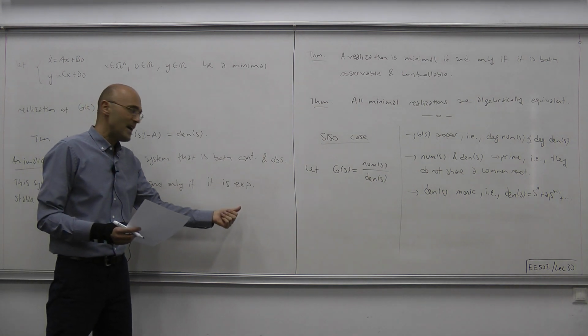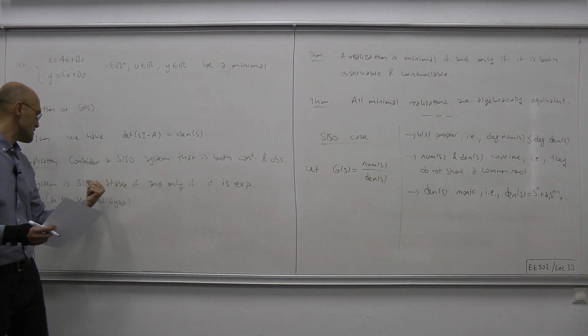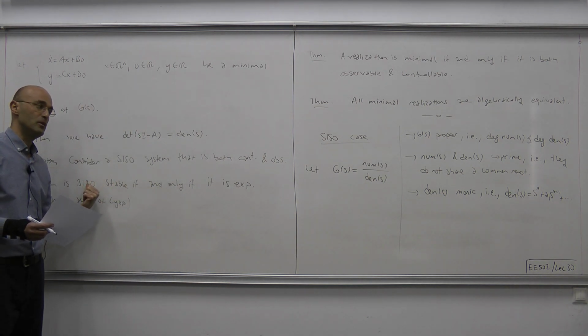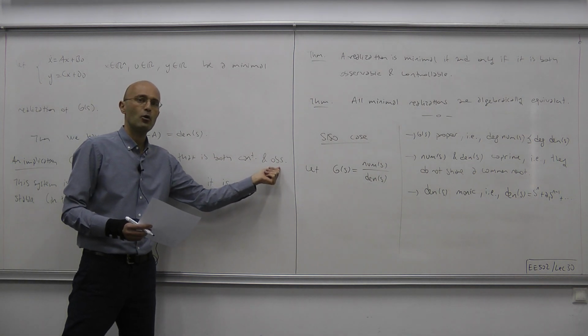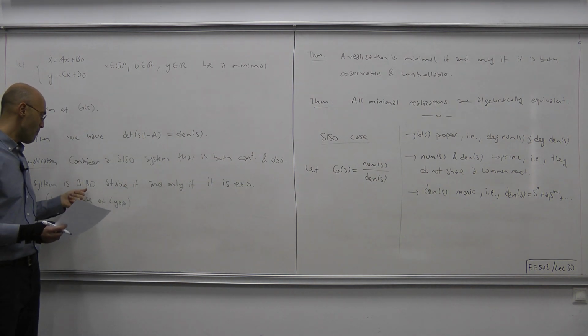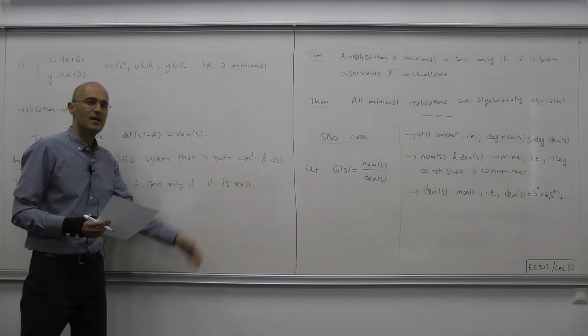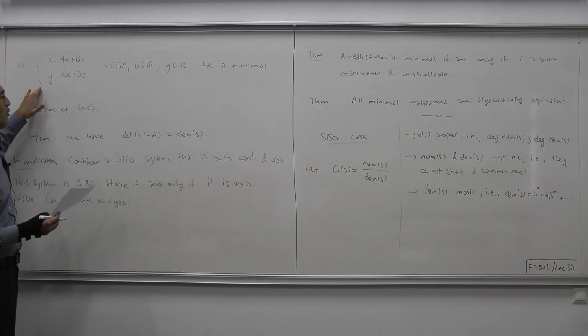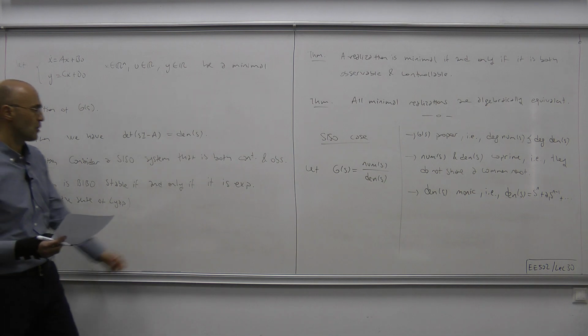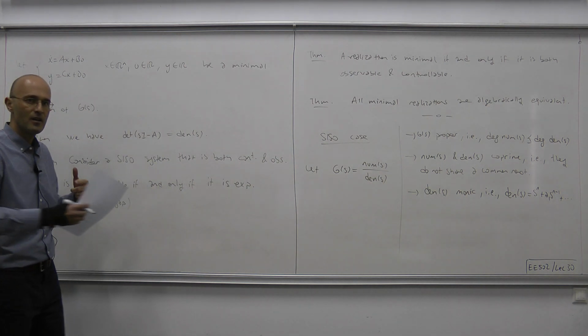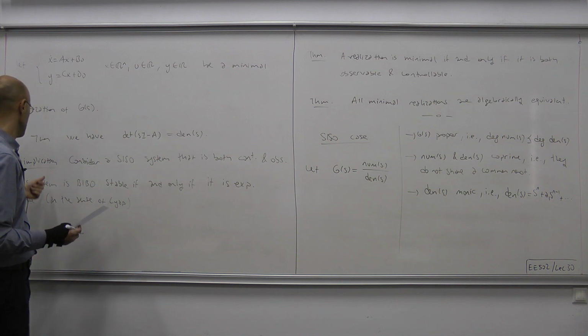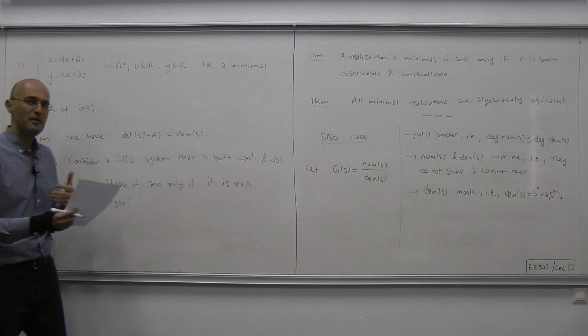We already had that exponential stability implies bounded input, bounded output stability, but under the controllability and observability condition, bounded input, bounded output stability also implies the exponential stability of the system. So under this condition, the implication became an equivalence.